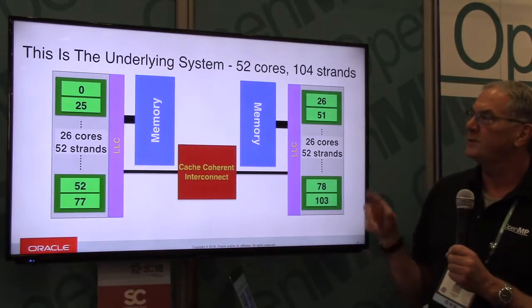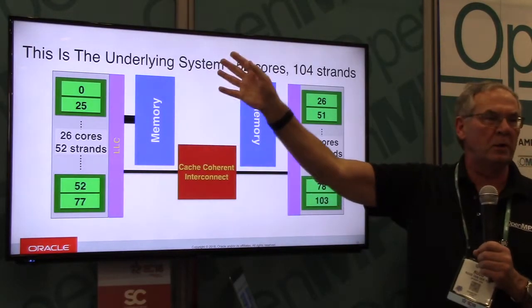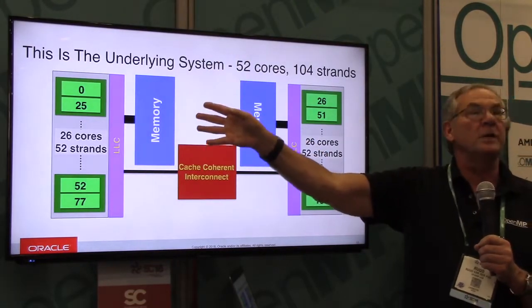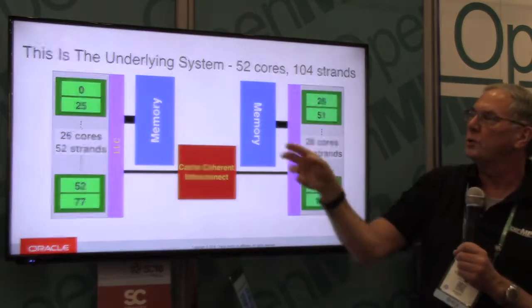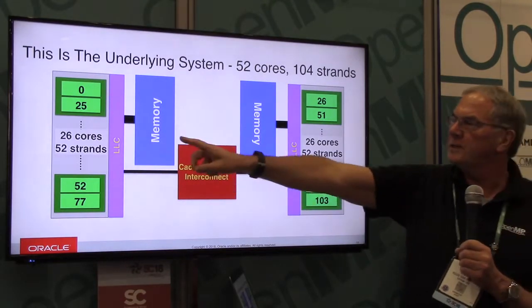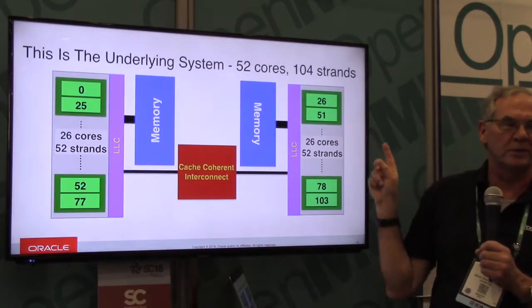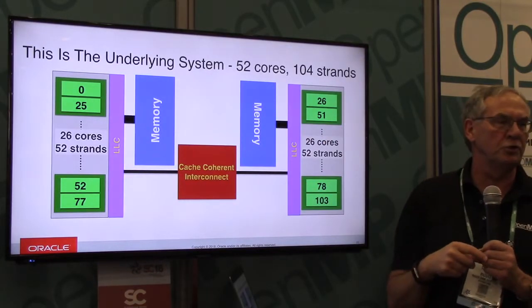What it looks like, we've seen there are two nodes, each with their respective memory, and one of the extra pieces of information given is the size of the memory attached to a node. So you know how much memory there is. And there are 26 cores and 52 strands in each, and these are the numbers. All right. And again, notice the jump.